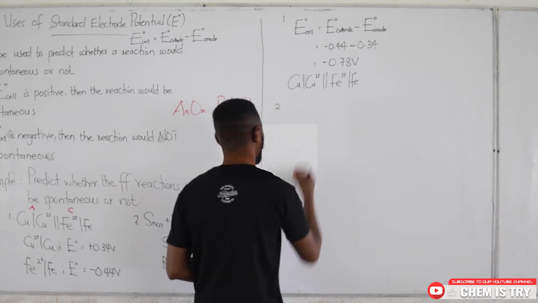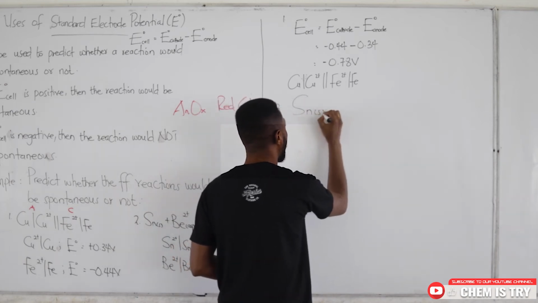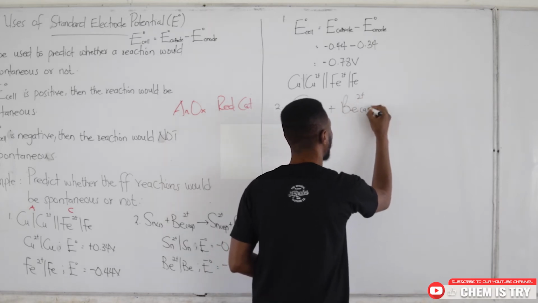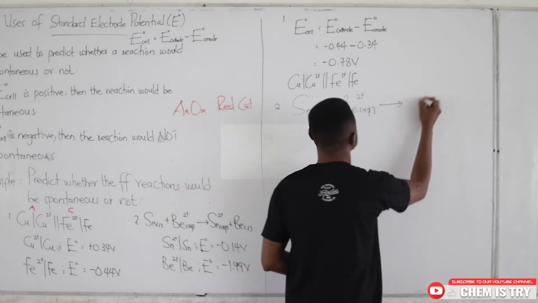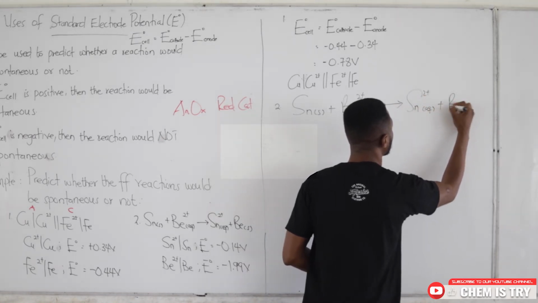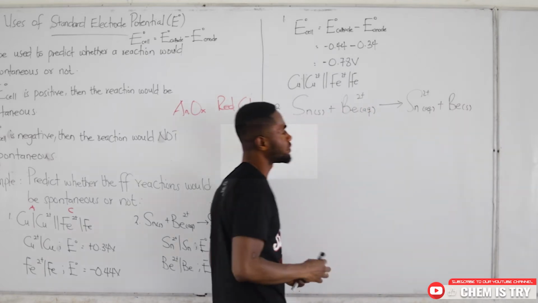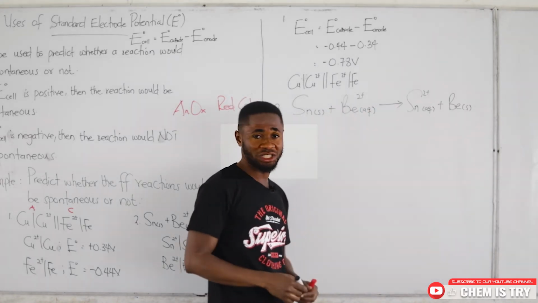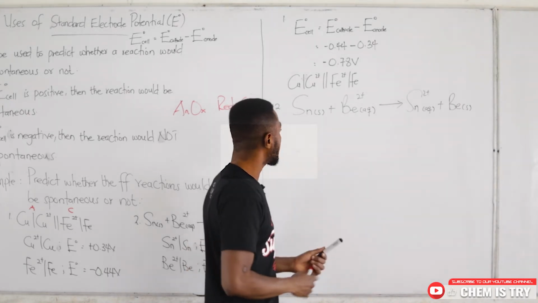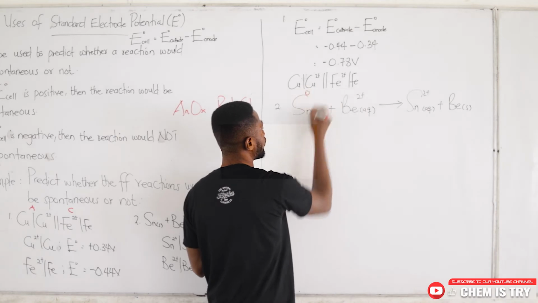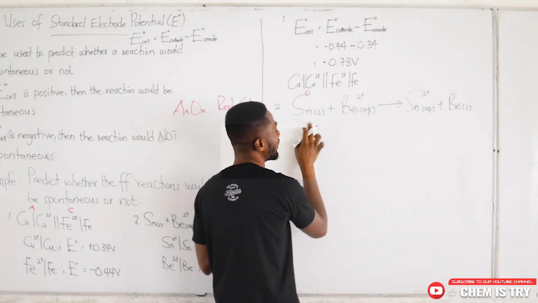In the second example, we have a chemical equation given to us. From this chemical equation, we can see that tin has an oxidation number of 0 as it is an element on its own.